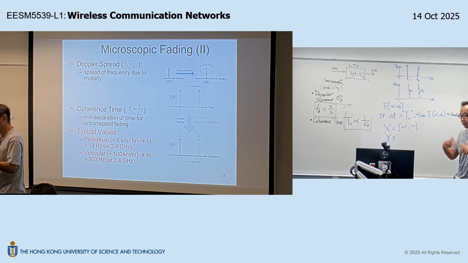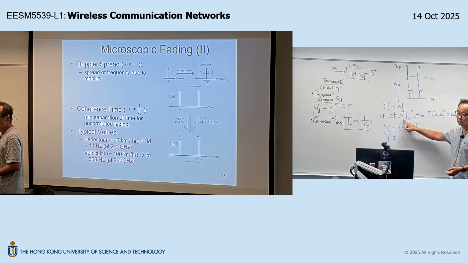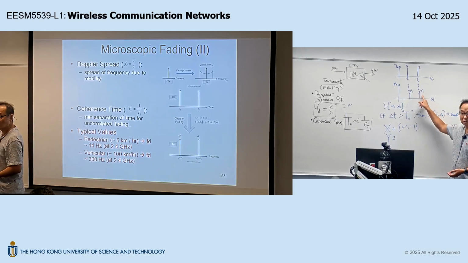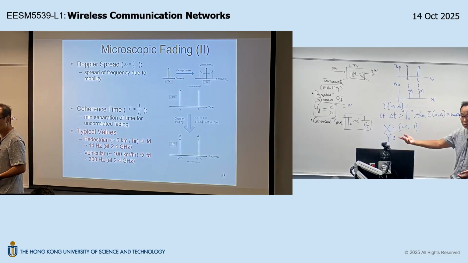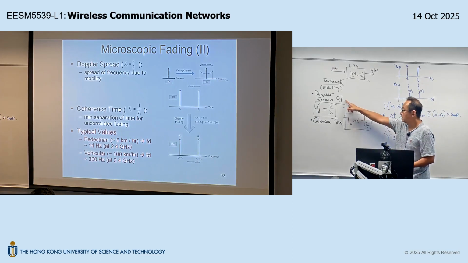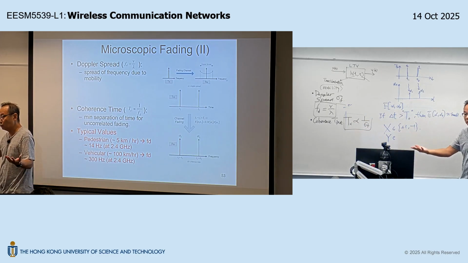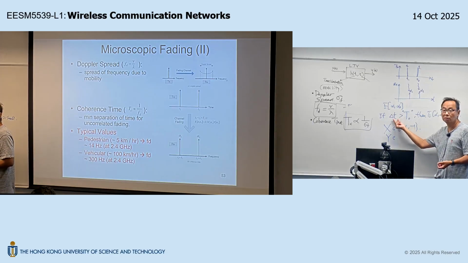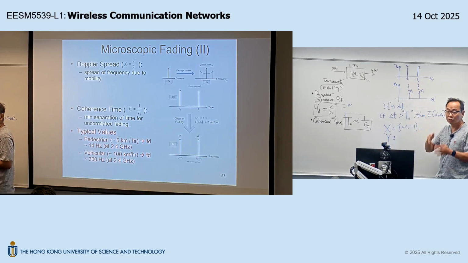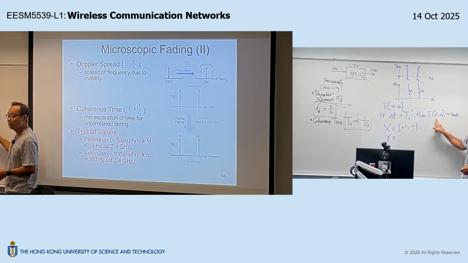So the time separation needs to be larger for you to see uncorrelated fading, compared to, let's say, a vehicular user. If you're a user traveling on the MTR, on a train, the Doppler spread will be larger, and therefore the coherence time will be smaller. So for those traveling on a train, you just need to separate the time by a little bit. Much smaller time separation will be enough for you to see uncorrelated fading.